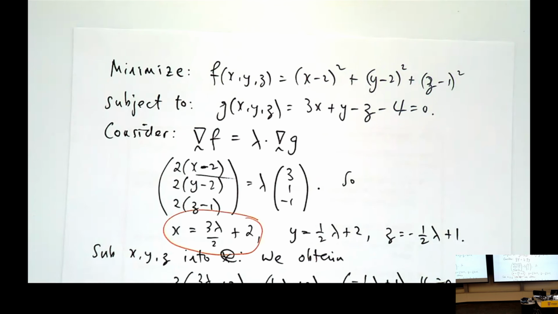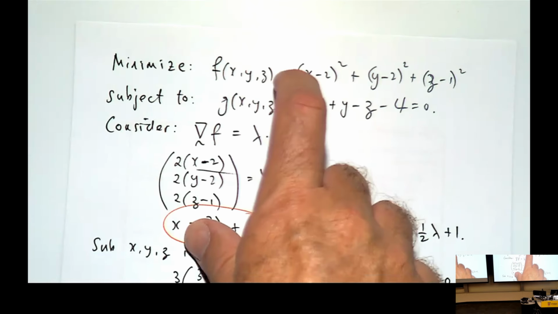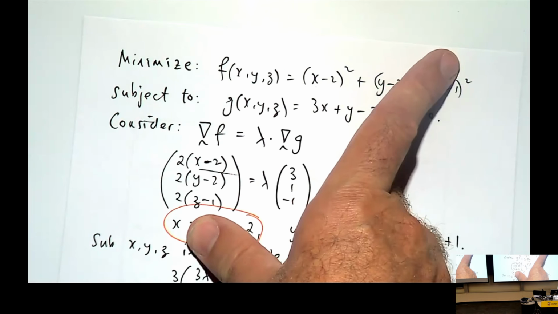So if you set f to any positive constant, that'll be a sphere with a certain radius. Yeah. I mean, instead of that f, you could have a square root over everything. That would be the true distance. But nobody wants to have square roots if you don't have to, right? So when we minimize the square of something, we're minimizing the something. That's the idea. Now, if you want to have a square root here, be my guest.